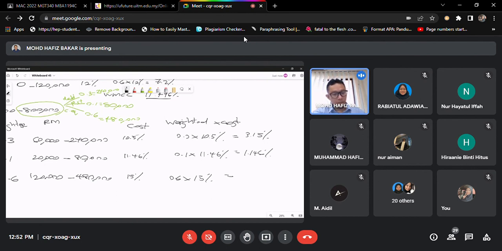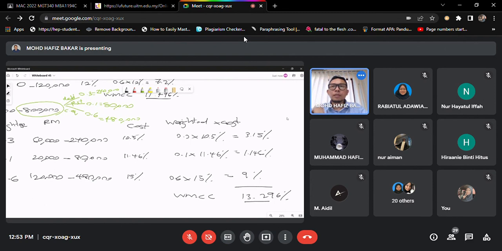And 0.6 times 15, okay, so this will be 9%. So you total up, you get your WMCC for the second range: 3.15 plus 1.146 plus 9, that is 13.296%.